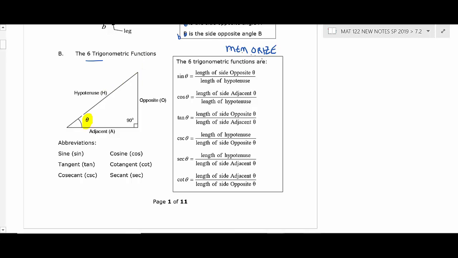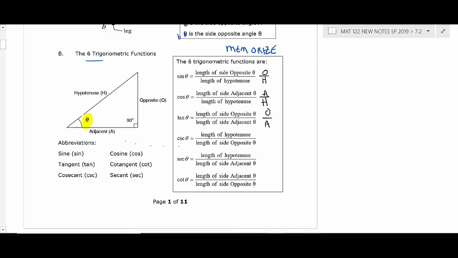A lot of times I just abbreviate that as opposite over hypotenuse. The cosine is defined to be the side adjacent, the side that's next to theta, over the hypotenuse. So in relation to theta, this is opposite, that's adjacent, that's hypotenuse. That changes if you go to the top angle. The tangent is the opposite over the adjacent.